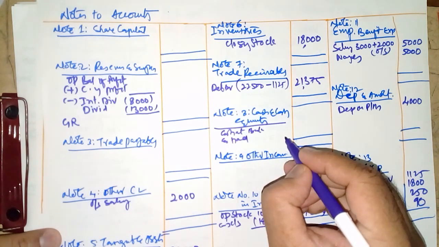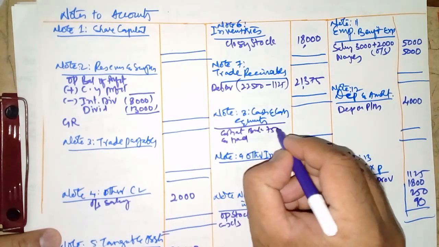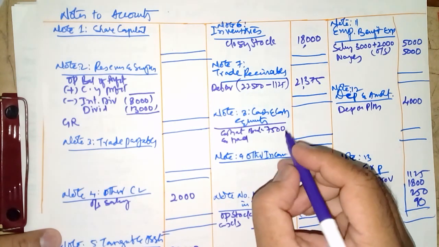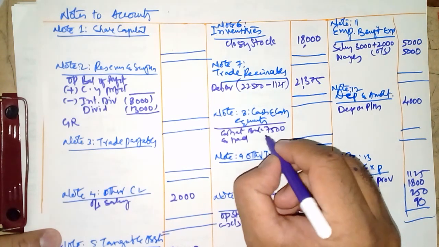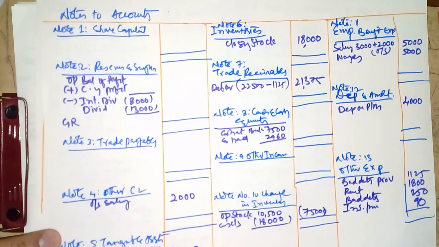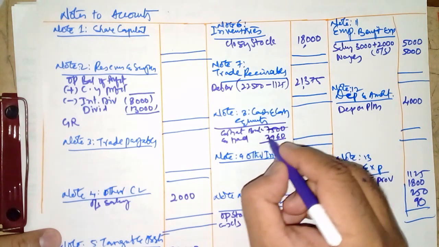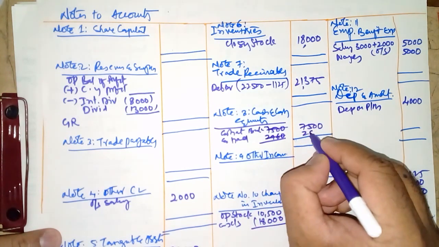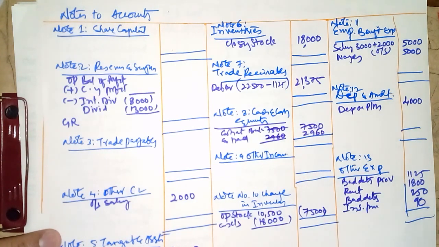Cash at bank is 7,500 and cash in hand is 2,960. So in the inner column, or you can directly write in the outer column also, 7,500 and 2,960, right? Both I have written, cash in hand, cash at bank.